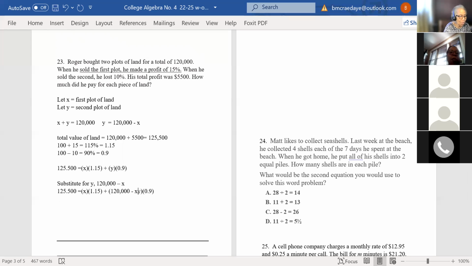Now take out the Y, because we substituted for Y, and now we have an equation with just X unknown. So multiply this out and solve for X. I'll put a parenthesis here. How would you solve this for X, Audrey?